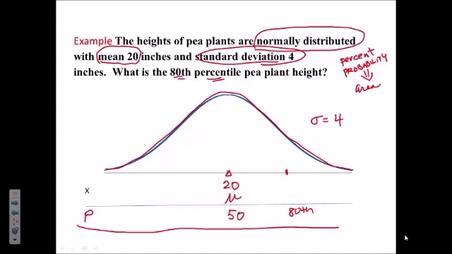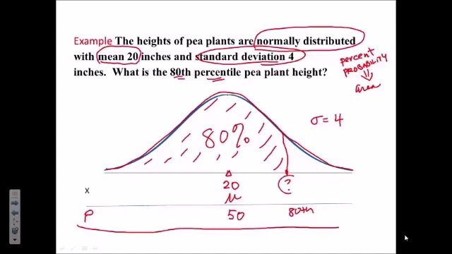And this is the score we're trying to find, the 80th percentile score. That means that this score is in the 80th percentile. It's higher than 80% of the scores in the distribution. So we're trying to find the 80th percentile score.